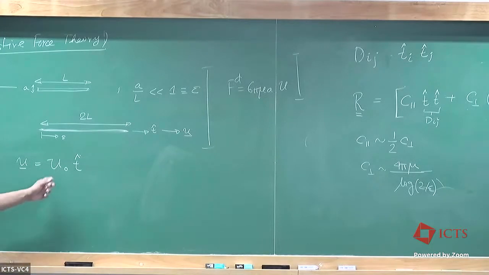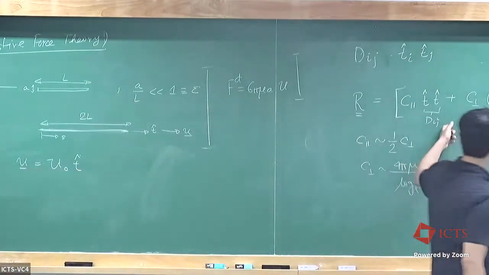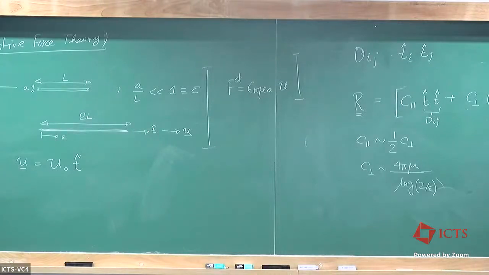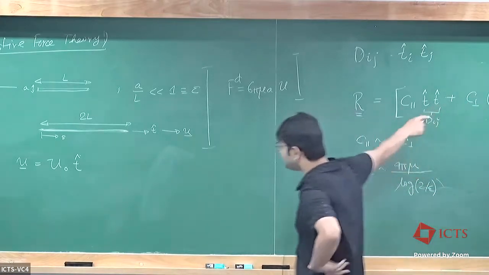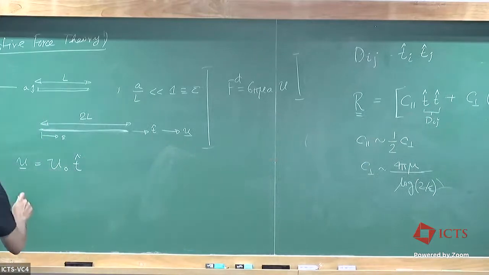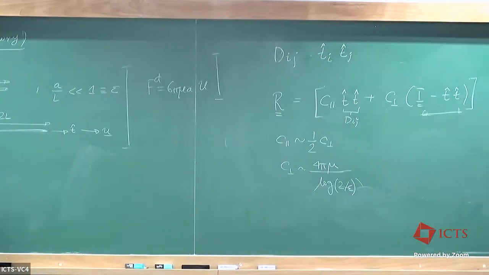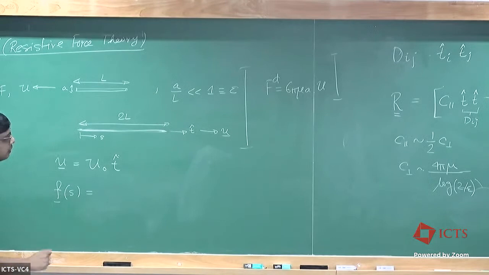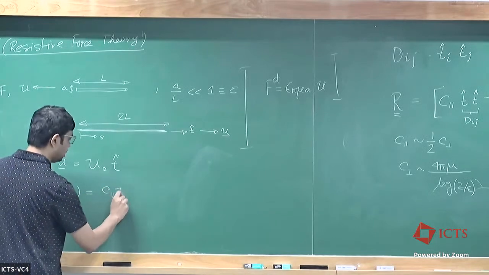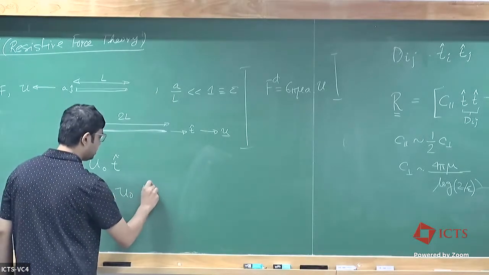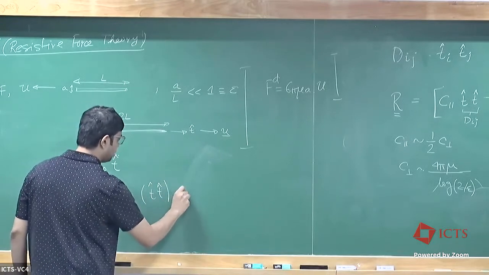Now without doing any calculation, if I multiply this vector with this matrix, will this term contribute? No, so this won't contribute, so this term will, right? So let's compute that then. Force will be C parallel u naught times t hat dotted with t hat.